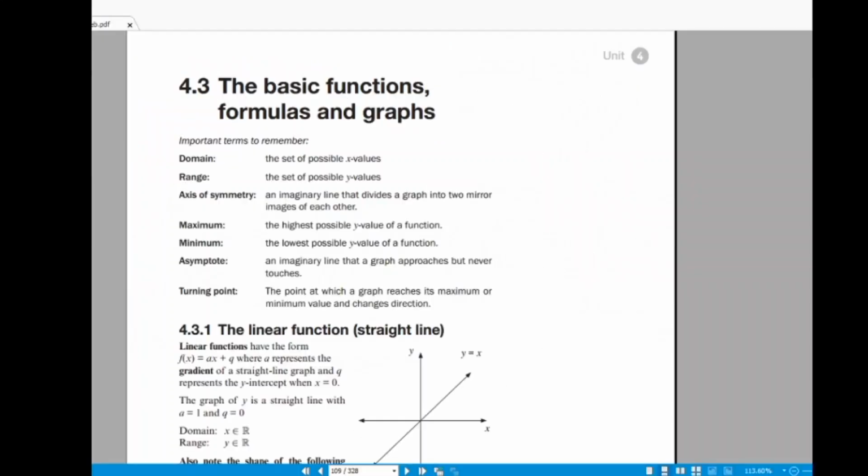A domain is the set of all possible x values, and the range is the set of all possible y values, right? And then the axis of symmetry, think of an axis of symmetry as a mirror line. It is an imaginary line that divides a graph into two mirror images of each other, right?